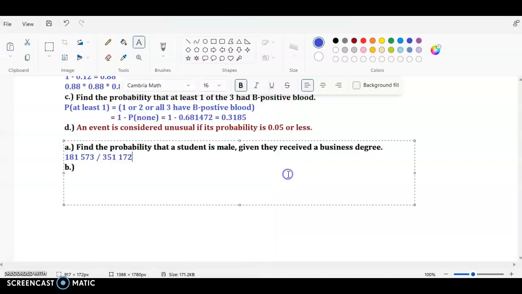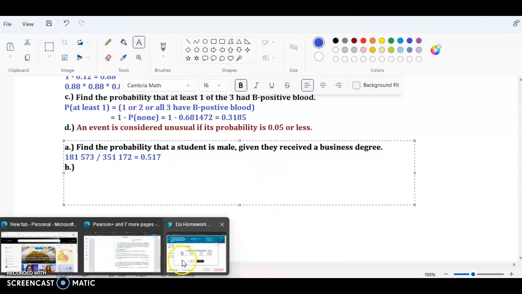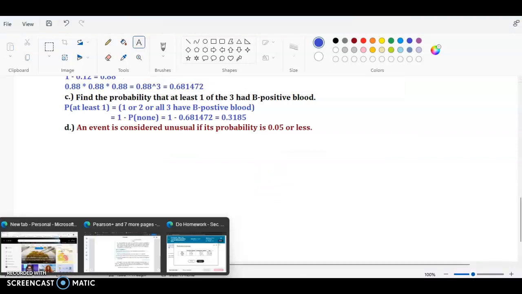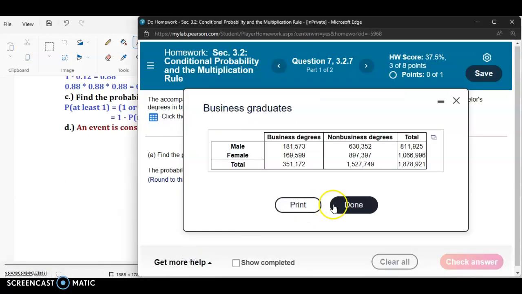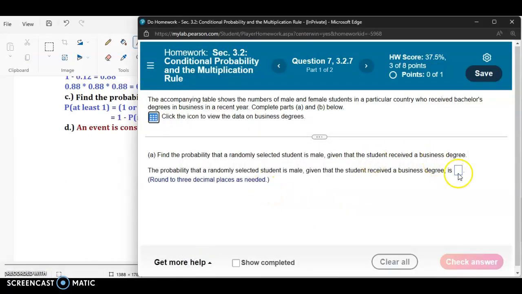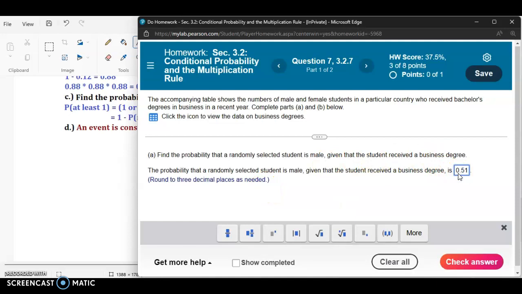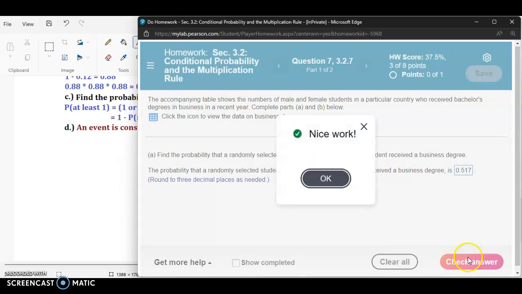And that number there, 0.517, will be the corresponding probability. So 0.517 goes in our answer box.